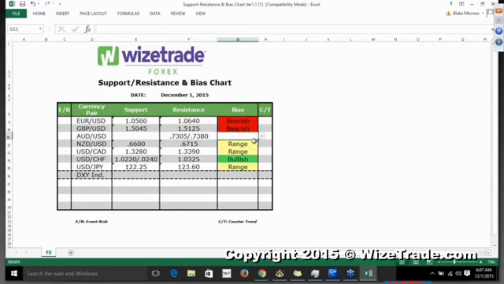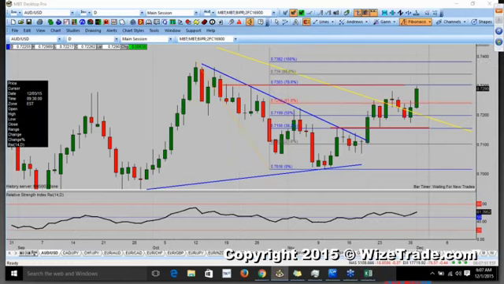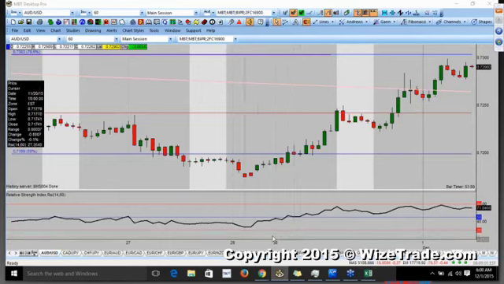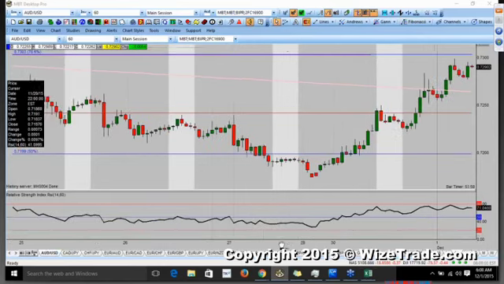73.80. We are in a range. We're trying to turn, and support now. Probably do something like this.